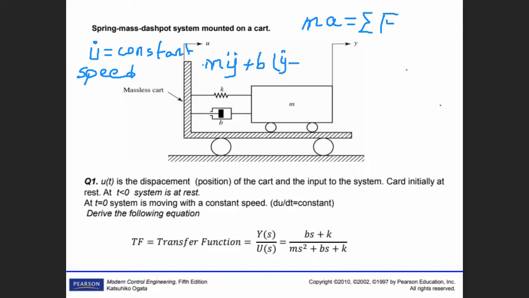Sorry, Y dot minus U dot. U is the position, it's not X. U dot, plus K times... you help me, I couldn't write. Who is going to tell me? What am I going to write?